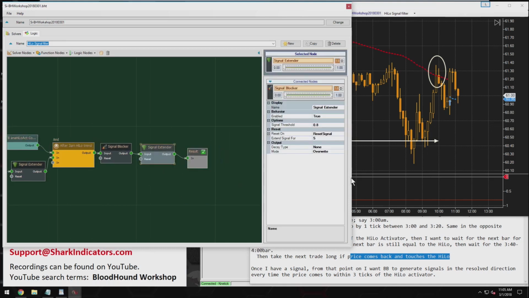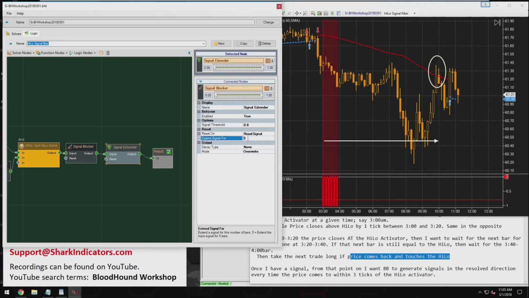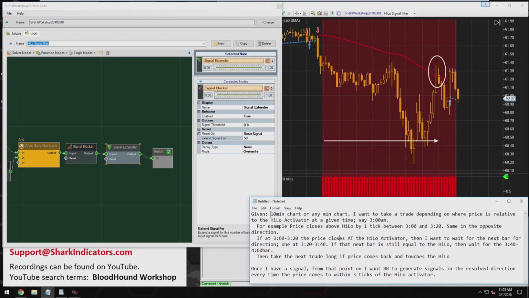Kind of squeeze this all together here. And this time, I'm sure we're going to need to probably extend these signals for quite some time, so I'm going to put 50 in there. 50 ought to be good for 10-minute bars. Remember, originally this question was using 20-minute bars, so for 20-minute bars, 50 is probably more than adequate.